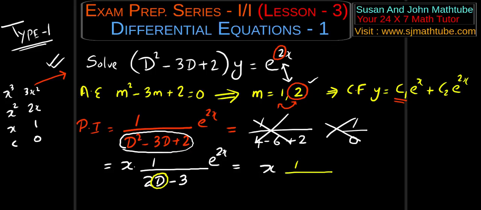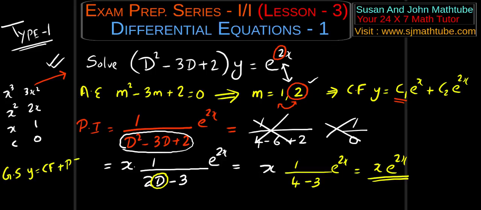So we get 1 by (2·2 = 4, 4 − 3) e^(2x), and that will be x e^(2x). And then what to do? General solution is y = CF + PI. Substitute and write. If you don't write, they won't give marks for the exam.